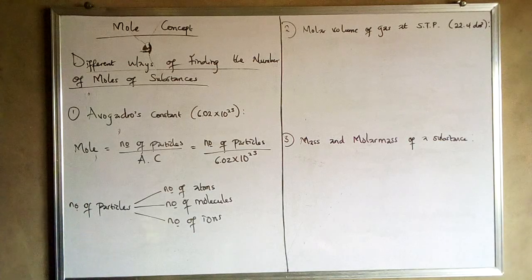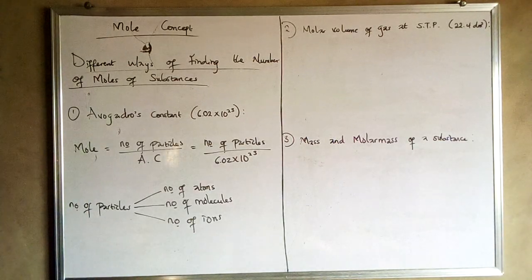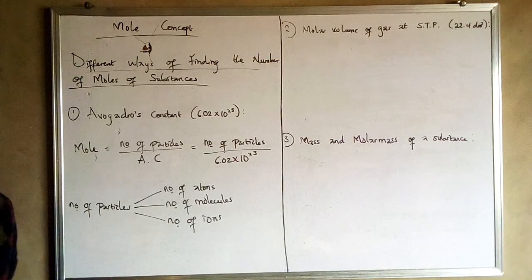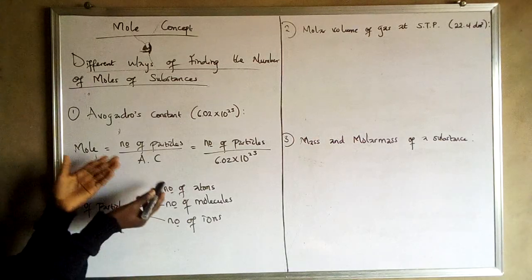And why is it like that? If the question is dealing with just a single element, that's a number of atoms. And if the question is involving a group of elements, that is a compound, that's when we have a molecule, because a compound exists as a molecule while a single element exists as an atom.